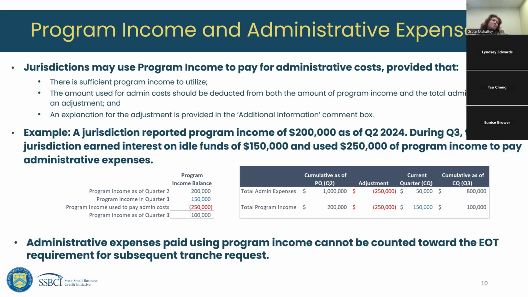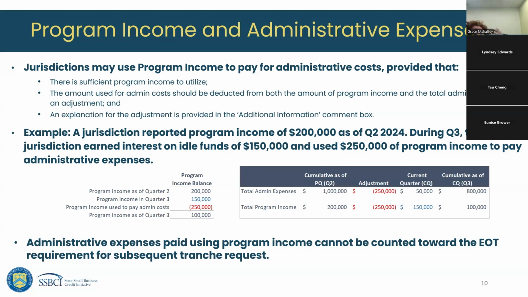During the quarter, jurisdiction A earned interest on idle funds of $150,000 and utilized $250,000 of cumulative program income to pay administrative expenses. On the quarterly report, jurisdiction A will report the interest earned of $150,000 in the current quarter column under program income. I have shown this in blue on the slide.